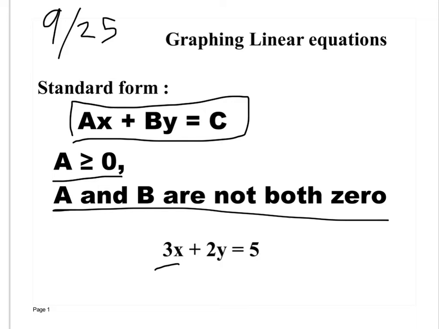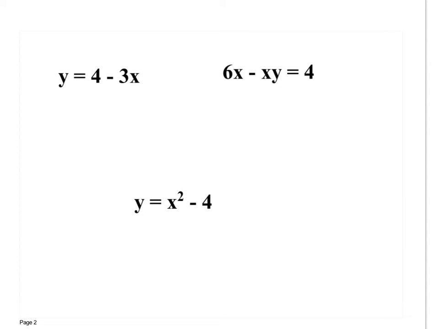Yes. Are A and B not 0 at the same time? A is 3, B is 2, so they're not 0 at the same time. This is a linear equation. Alright? Any questions on that? Write down these 4 equations, and we're going to determine if they are linear or not.